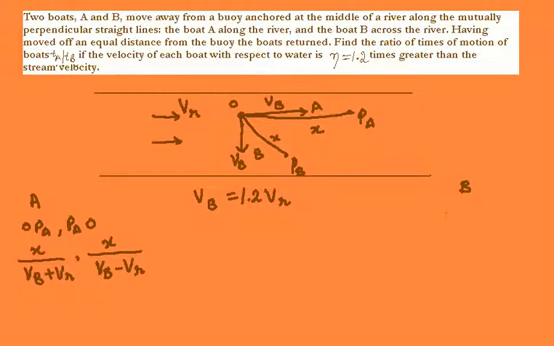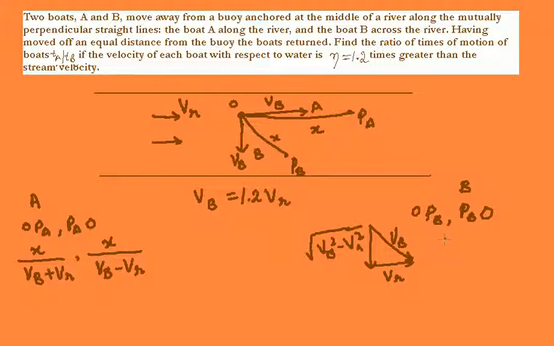For B, it would be going from O to PB and from PB back to O. For the boat B to reach from O to PB, it's moving across in this direction, but it will definitely end up drifting in this direction because of the velocity of the river. So this would be Vb and this is Vr. The resultant velocity in this particular case would be root over Vb square minus Vr square.